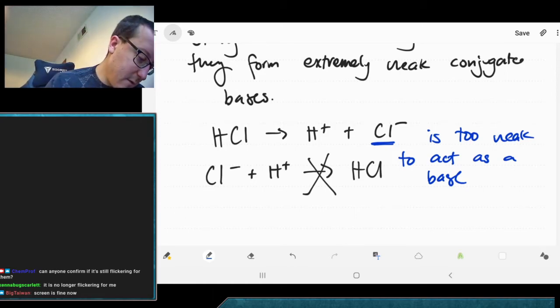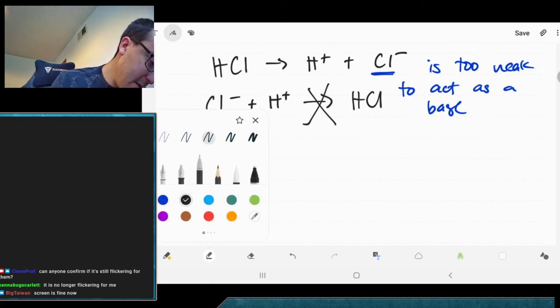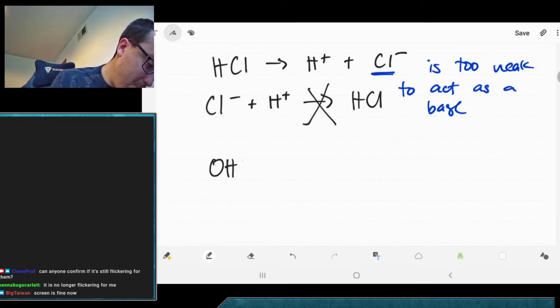All right, and then we're going to see conversely, if we take a look at something else, actually, let's put it with HCl, why not?